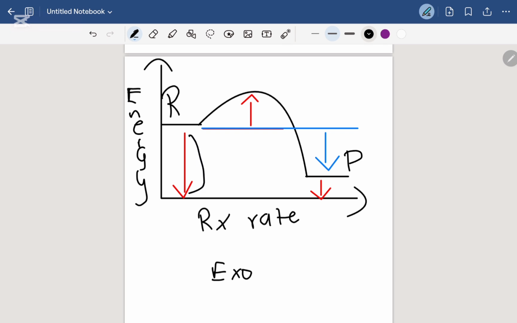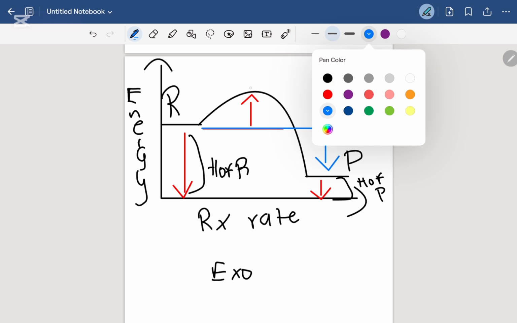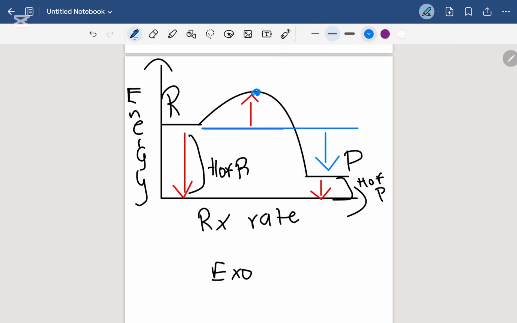This red arrow over here represents the heat of reactants, or the energy of reactants. And this arrow over here represents the heat of products, or the energy of products. Now, at the very, very tip of this curve, this is called the activated complex.